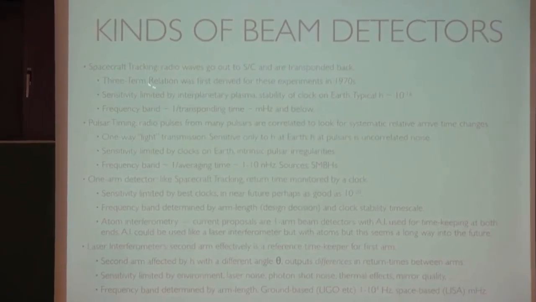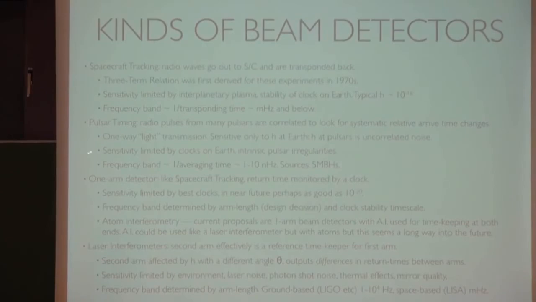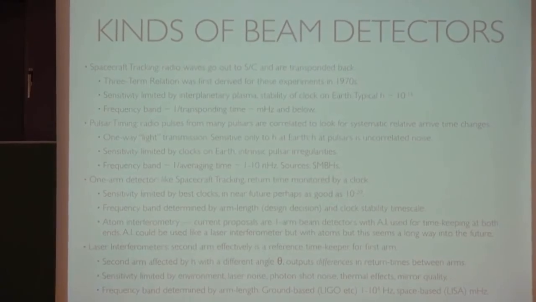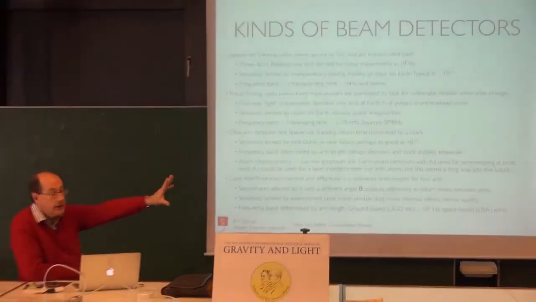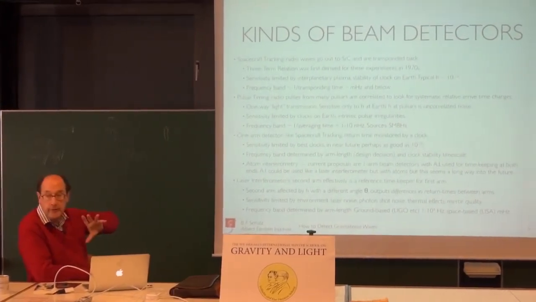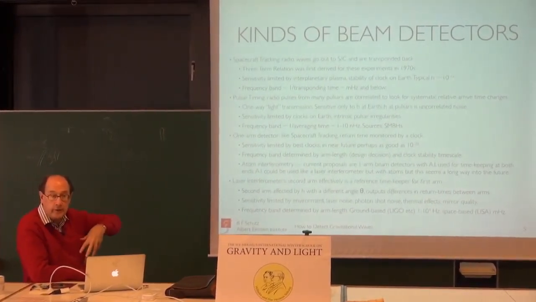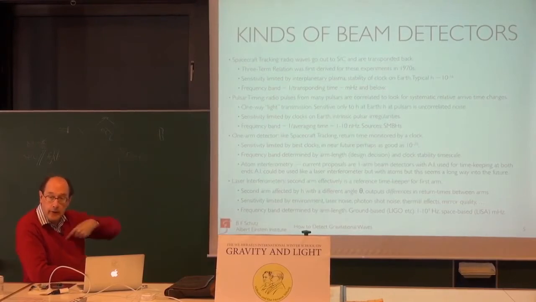But that's the classic beam detector of the kind that I was just talking about. There's another variation on this, which is called pulsar timing, which I've talked about, where you get pulses of radio waves from distant pulsars. The radio waves travel through the gravitational wave field and arrive at your location. The trouble is, we're not sending them back.